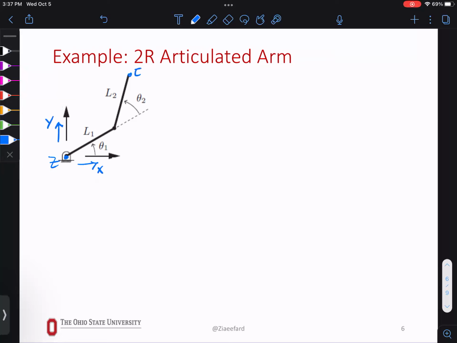And this is your end effector. I know that I need to create f of theta 1 and theta 2. How would you go about this? What would be the function that you would write that will represent your end effector?